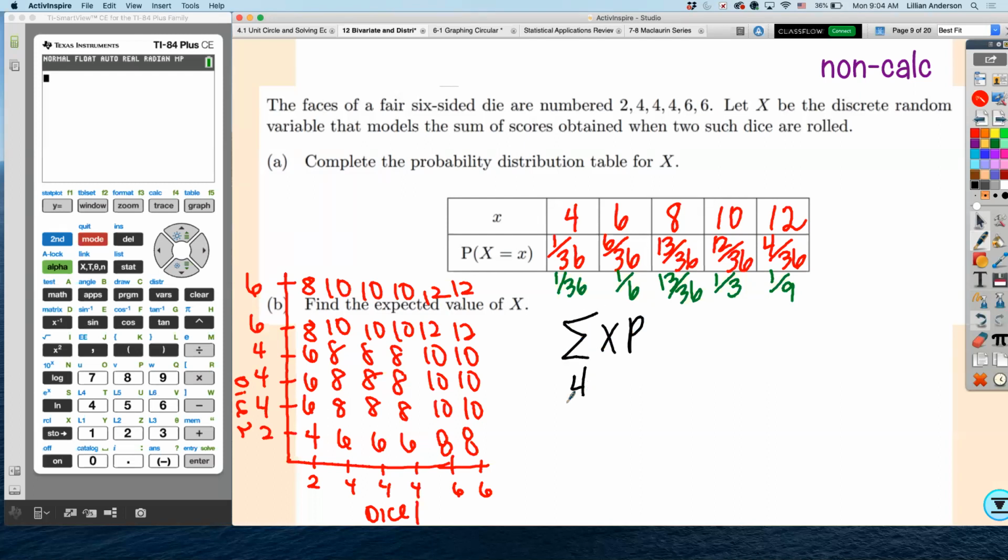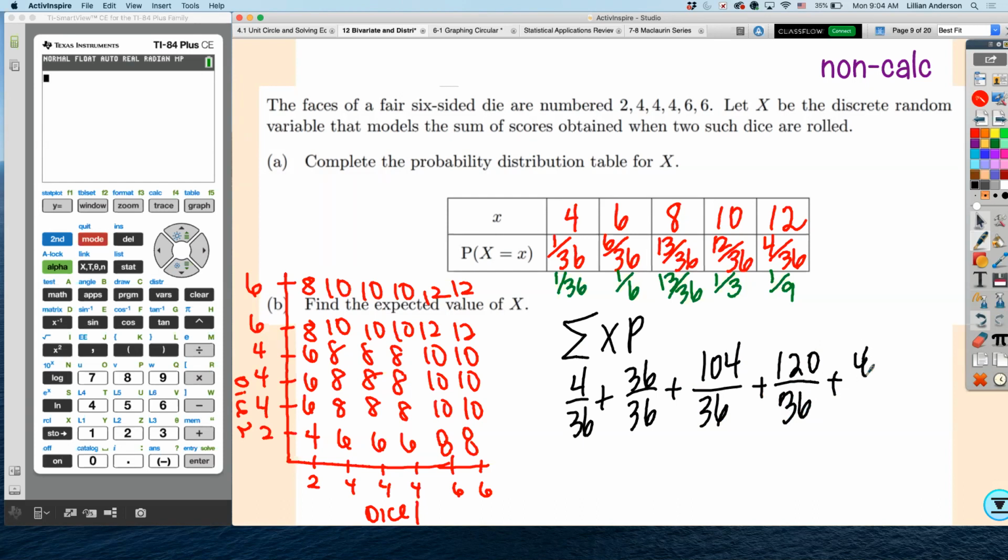So this is going to be 4 over 36 plus 36 over 36 plus 8 times 13 is 104 over 36 plus 120 over 36 plus 48 over 36.